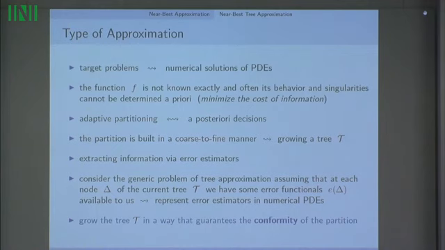So we want to have nested spaces also. That means once we subdivide somewhere, we introduce our degrees of freedom already. We don't want to go back in this kind of approximation. And we have no other information about the function, so we always make a posteriori decisions before the next refinement.